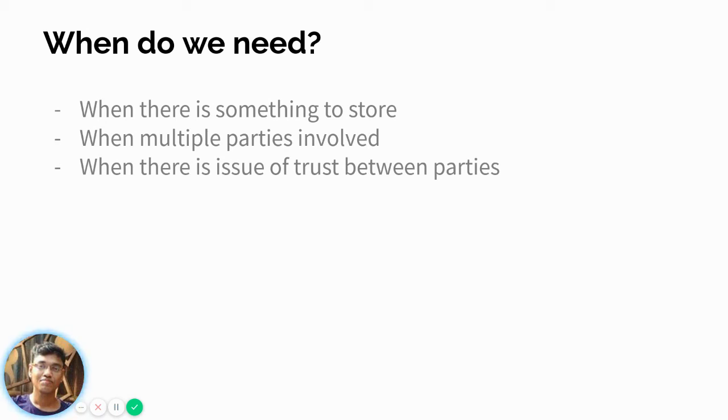We talked about these four companies doing business, but it can happen that they don't trust each other. So in that case, you can imagine a need of blockchain, because there are multiple parties, they don't trust each other, and they want to store data. So these three things are really important in order to understand when we need blockchain, because not all places are going to need blockchain, right?